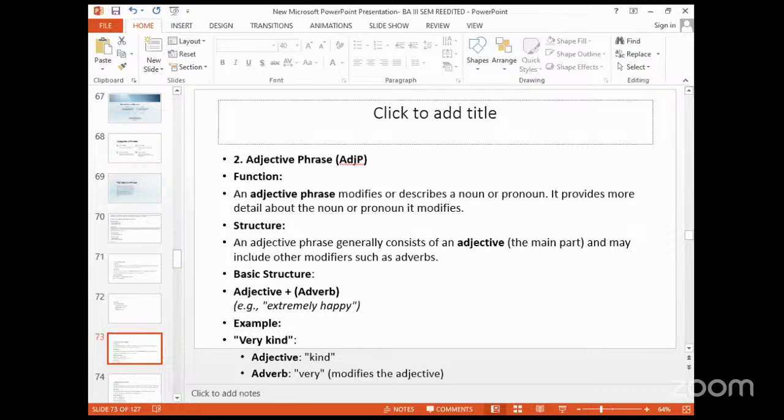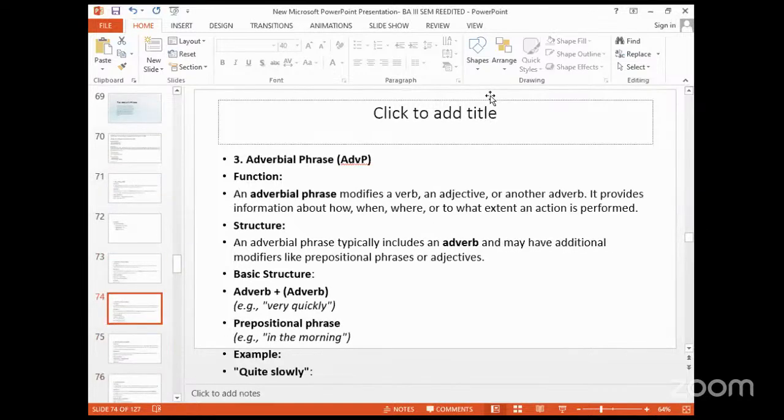For example, extremely happy: that is an adverb and an adjective. Next we have very kind: the adjective is kind, and very is the modifier, right?